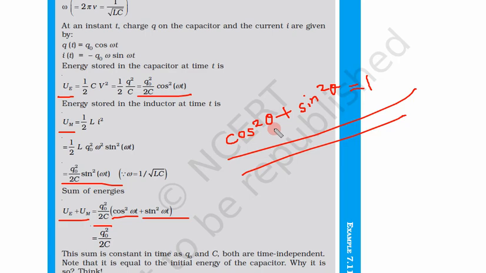Whatever the value of theta, 0 degree, 90 degree, this identity always remains 1. Since the angle for both of them is omega t, this becomes 1. So we get Q0 square upon 2C.